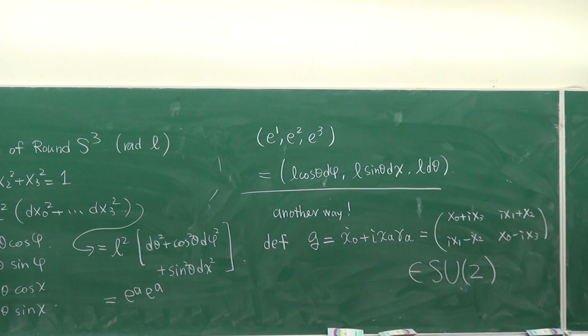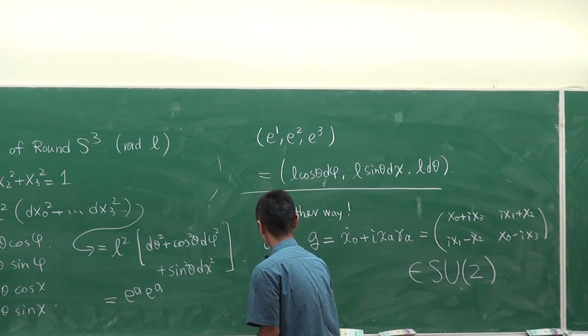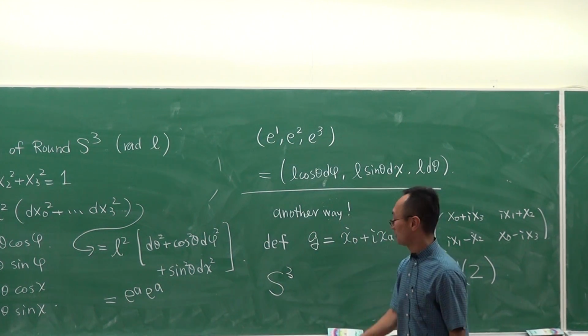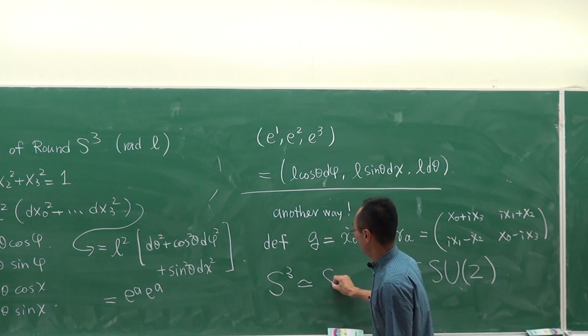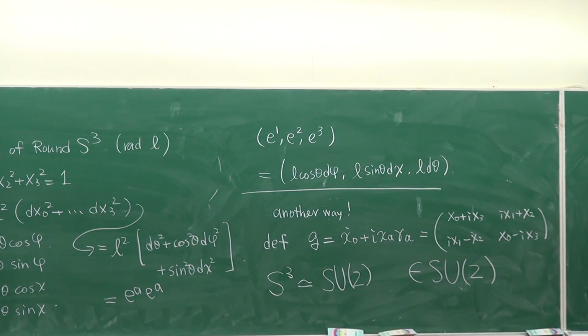Okay, first of all, you can check that this matrix has determinant 1, and also this matrix multiplied by the Hermitian conjugate of itself gives the identity matrix. So this is an element of SU2. So what I'm talking about here is the equivalence that the three-dimensional sphere and the group manifold of SU2 are the same.